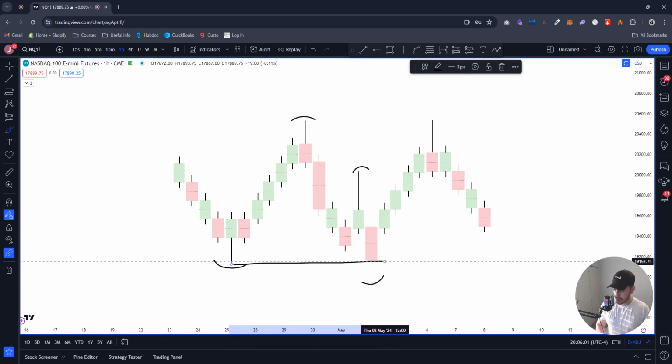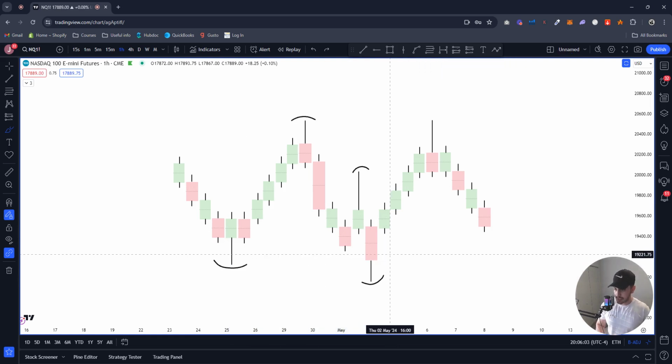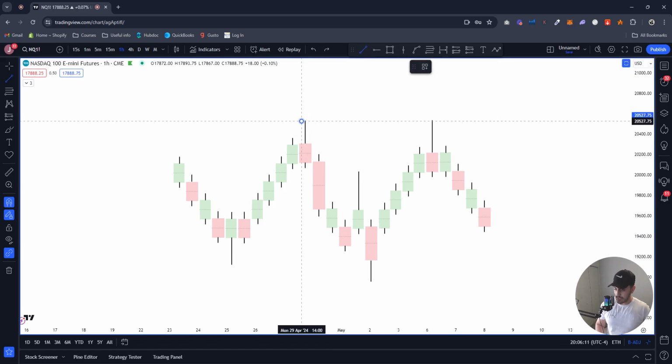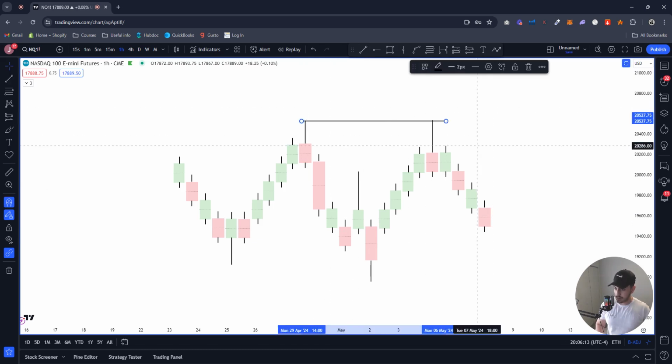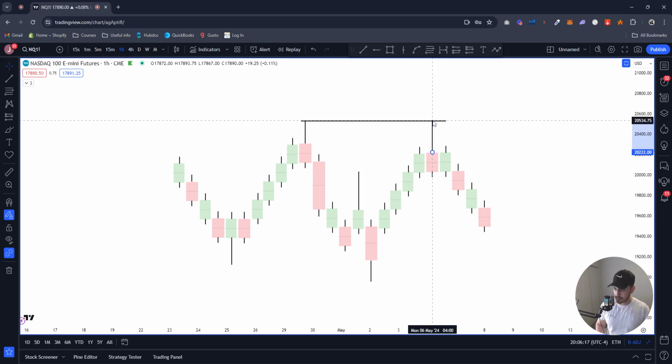Are you guys starting to understand? Now we come up. These are different types of liquidity. Right here I tried to draw equal highs. Let me move this so it doesn't look like it swept it. Right here we have pretty much equal highs.